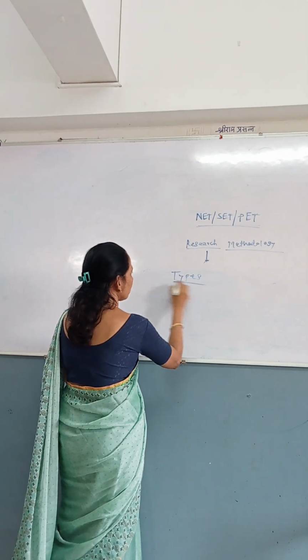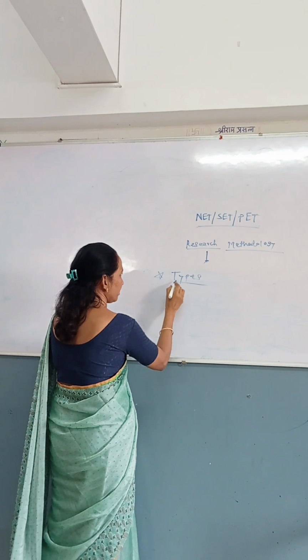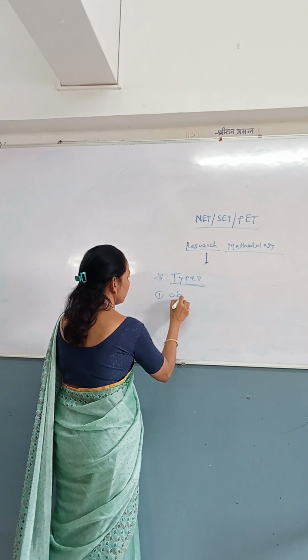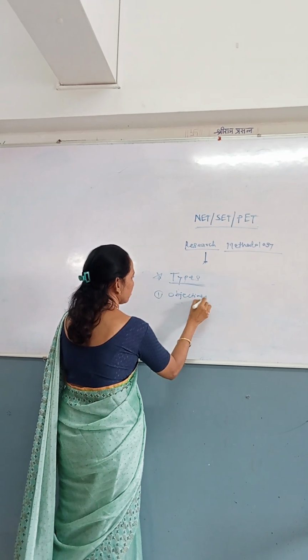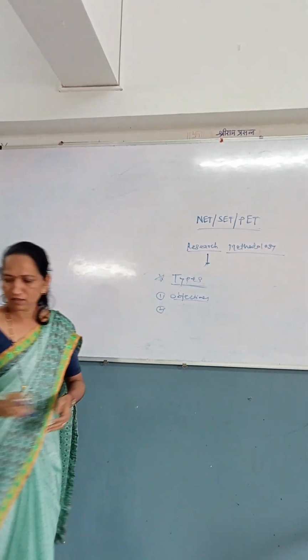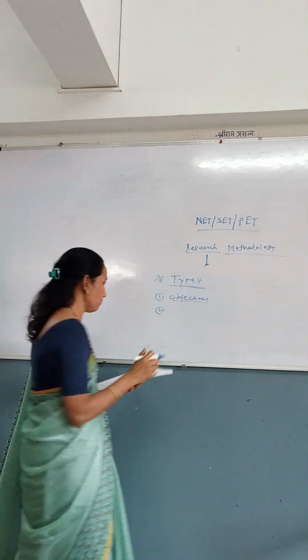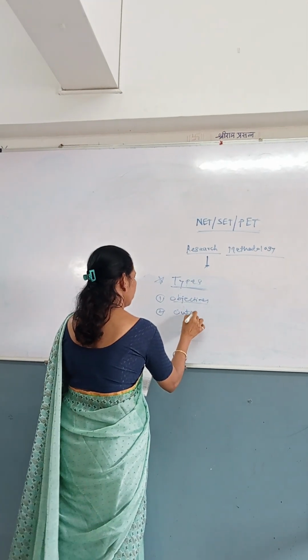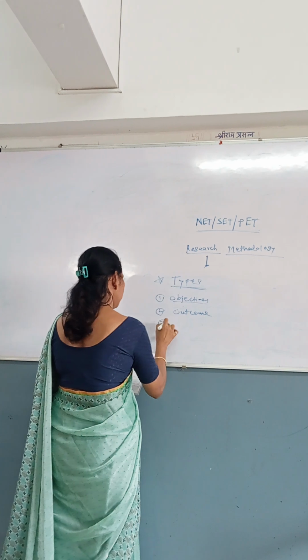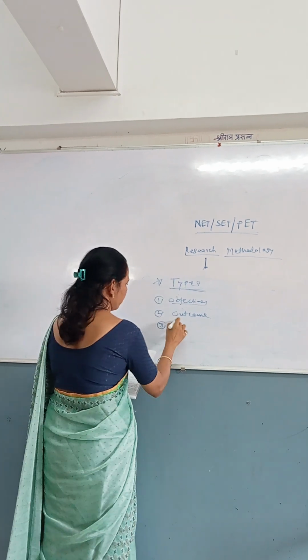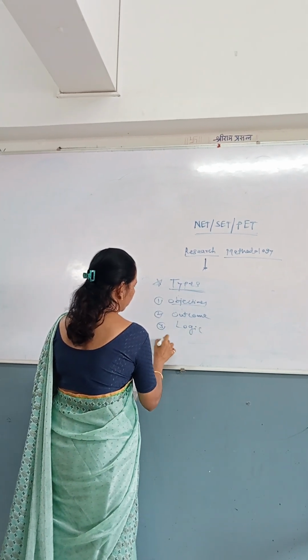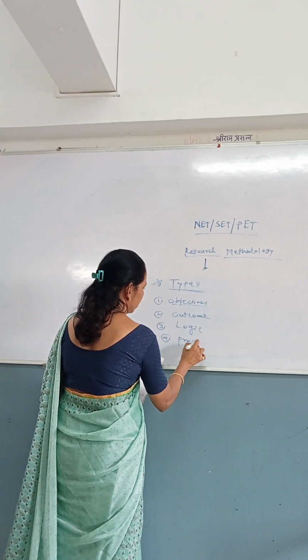Research types are based on different main points. The first one is the objectives. Then the second one is the outcome. The third one is logic. The fourth is the process.